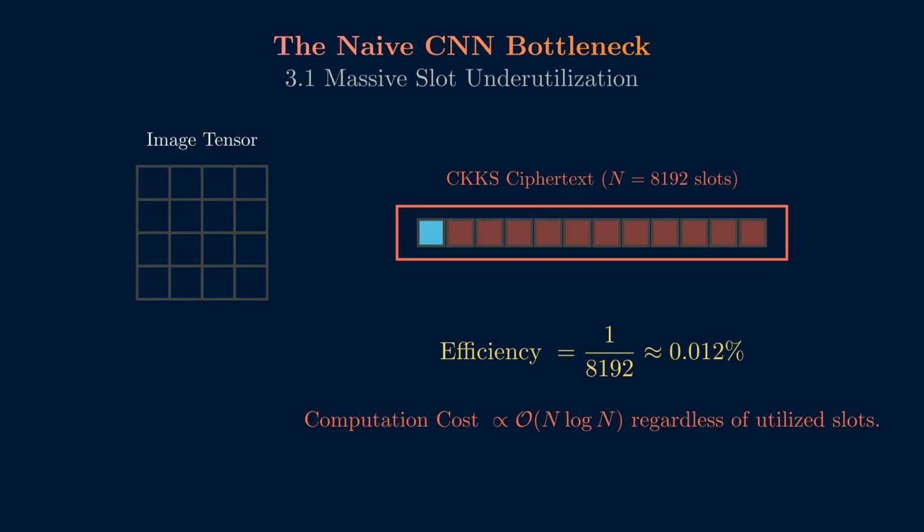If we place only one scalar pixel into this structure, we are utilizing a fraction of a percent of the available cryptographic bandwidth. The remaining slots are filled with zeros or cryptographic noise. Yet, despite being empty, they still incur the massive computational cost of homomorphic evaluation of the entire polynomial.